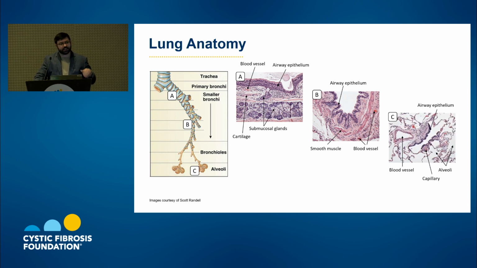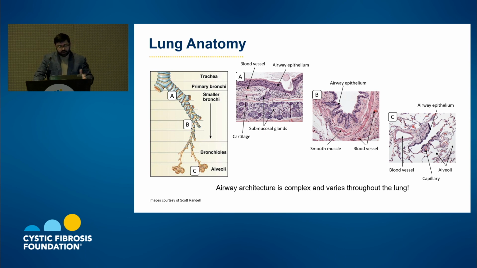But then you move really to that terminal end where we have a terminal bronchiole, and this is just a cross-section, so you can see how it's a very simple epithelium, and it ultimately leads into the alveolar space, which is all this white open space. Importantly, you see a lot of capillaries and blood vessels around because that's where gas exchange occurs as well.